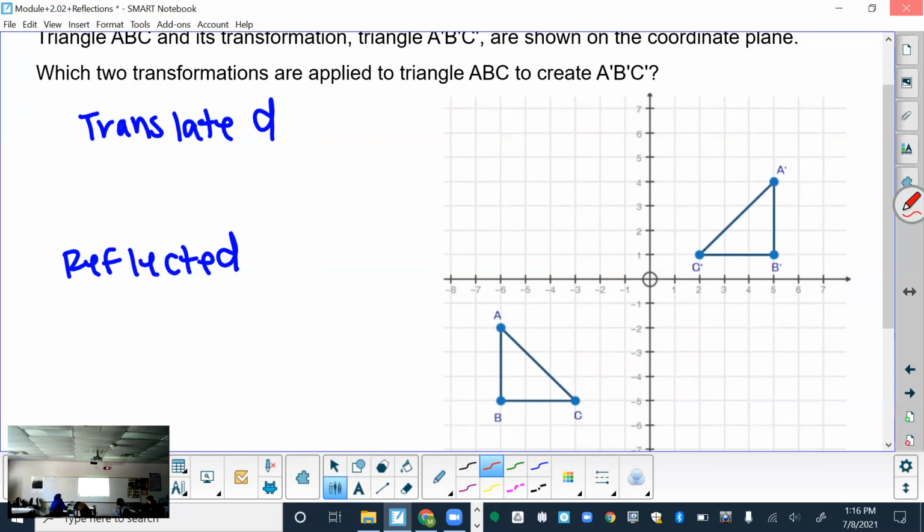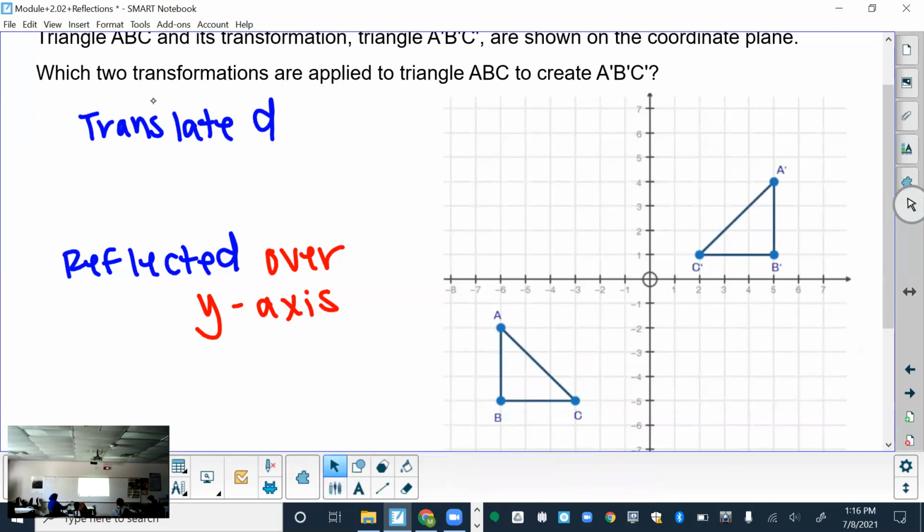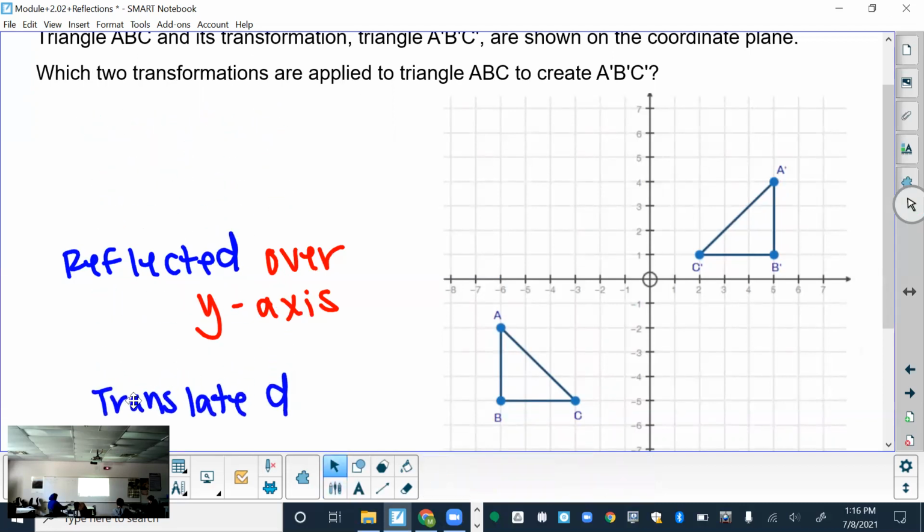It reflected over the y-axis. All right, so I'm going to reflect this image over here to get my reflected image, so over the y-axis, and then I'll figure out what it translated by. So really, I probably should have put translated down here, because we had to have reflected it first. So reflect this over the y-axis.